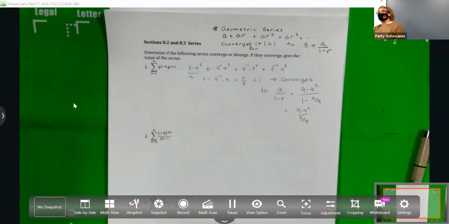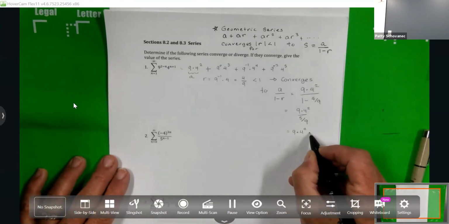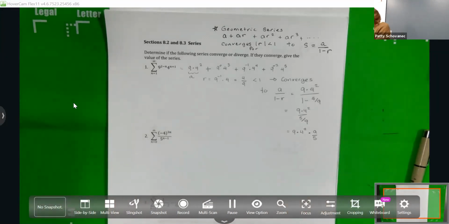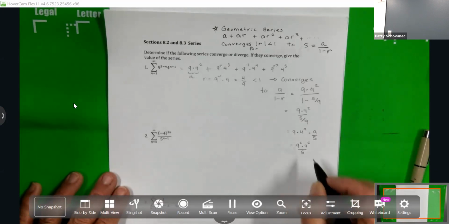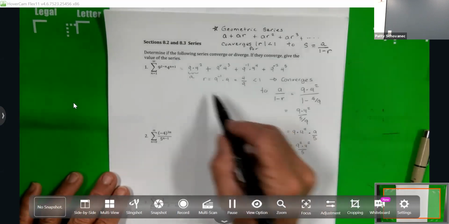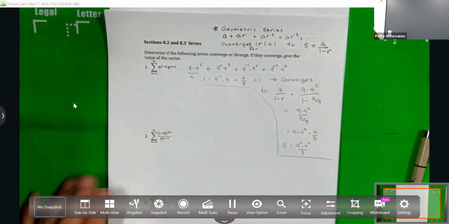So let's simplify that by flipping that over and multiplying. So I have 9 squared times 4 squared over 5. I don't want to multiply that out, but that's going to be our sum of this particular geometric series.